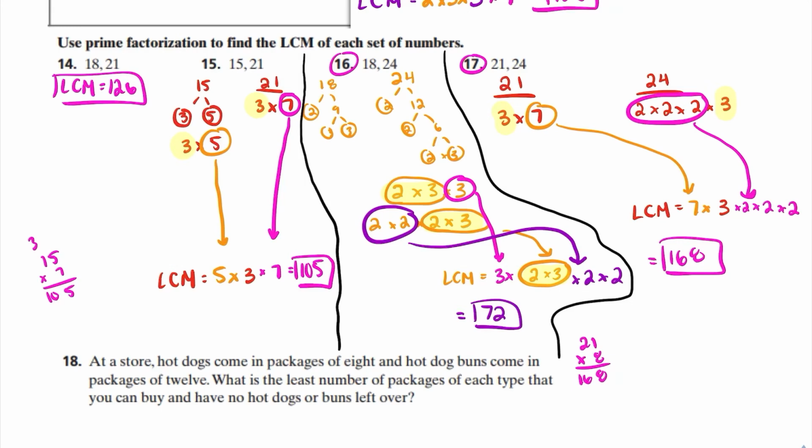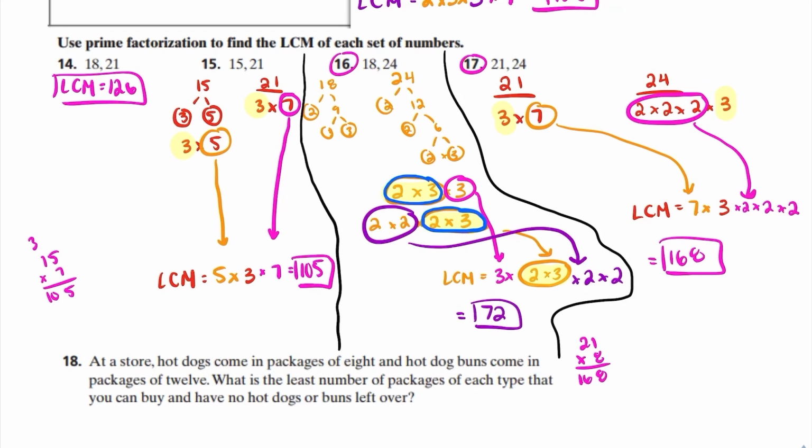Okay, so some things you guys may have noticed in number 16 especially is that, here, let me use blue here. The numbers 18 and 24 had a lot more in common than the problems with 15 and 14.